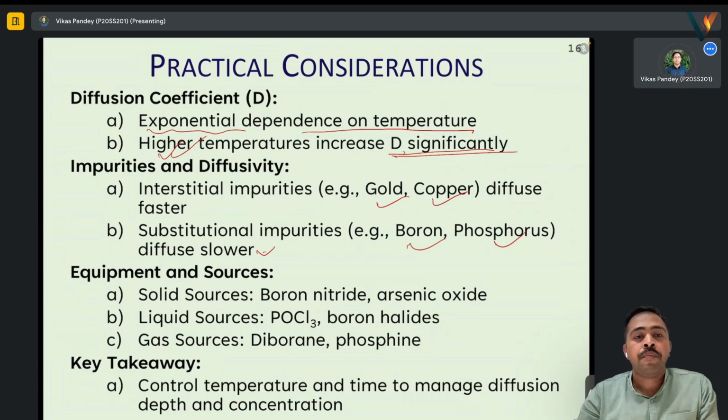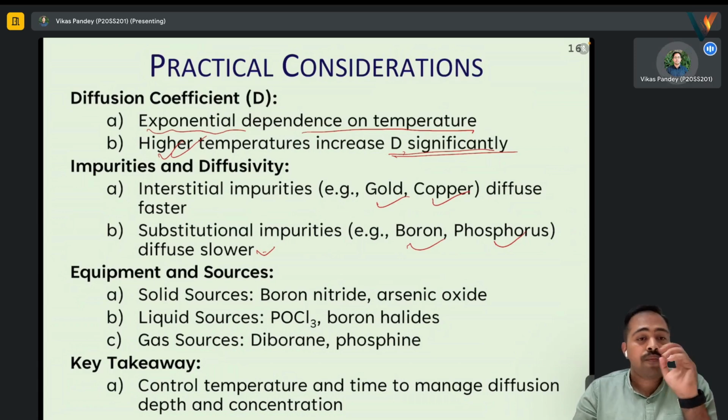Then come different kinds of sources that we can use. We can go for solid sources like boron nitride or arsenic oxide, or liquid sources like POCl3 or boron halides. Or there can even be gaseous sources according to our need, like diborane and phosphine.